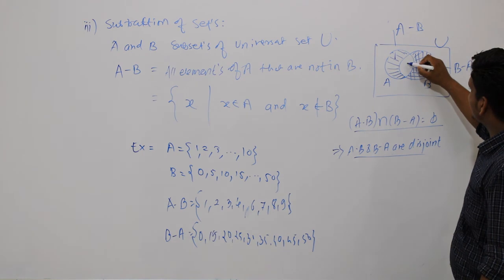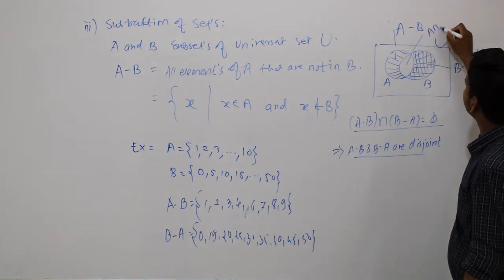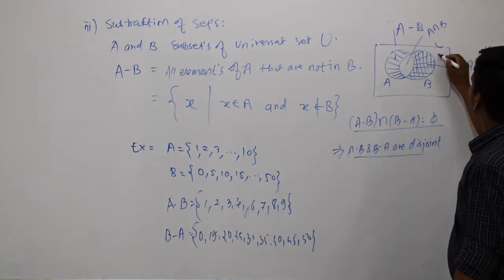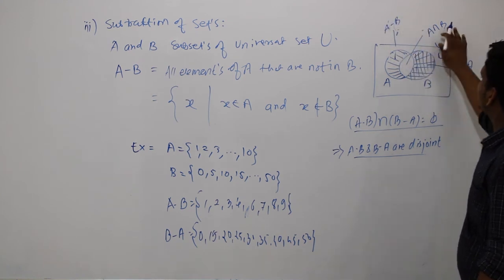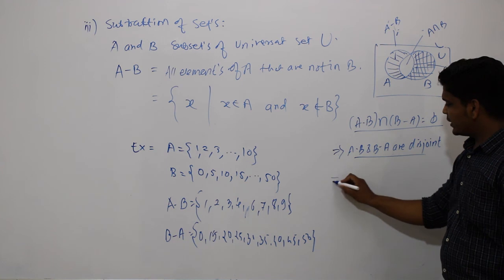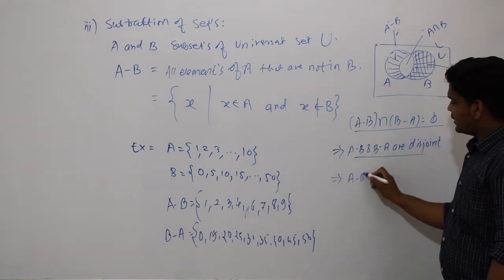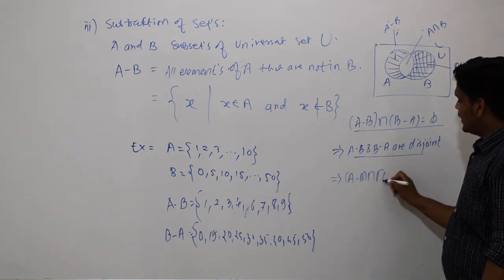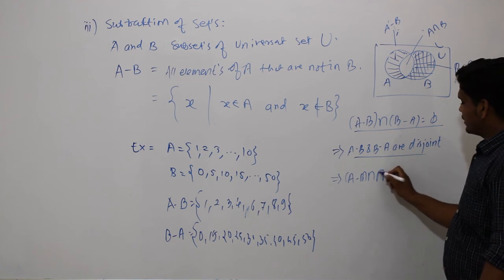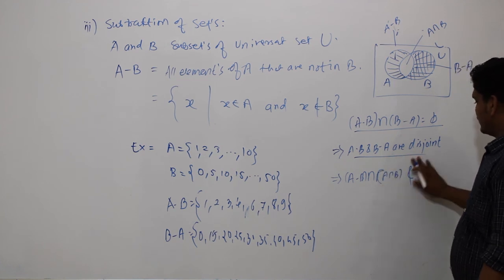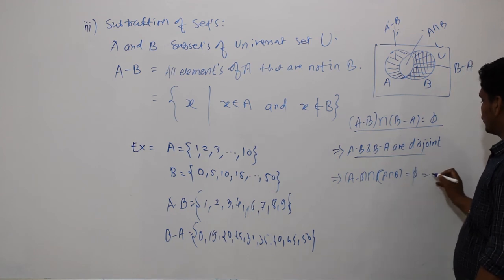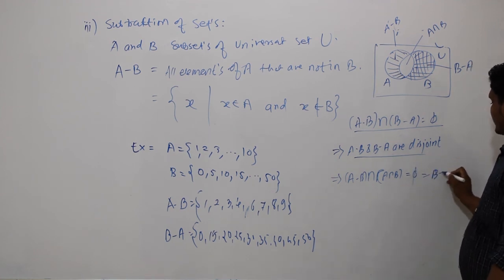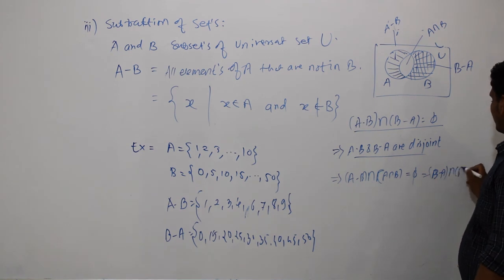Also now observe here carefully. This is my A intersection B. Okay. This is your A minus B. And this is my A intersection B. You can also observe here A minus B intersection with A intersection B, right? And this is equal to phi, which is also equal to B minus A intersection B intersection A, right?